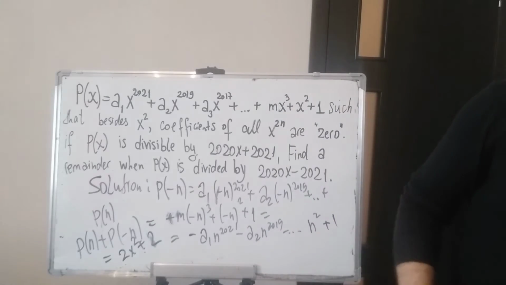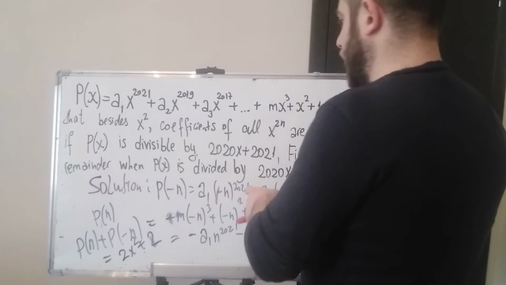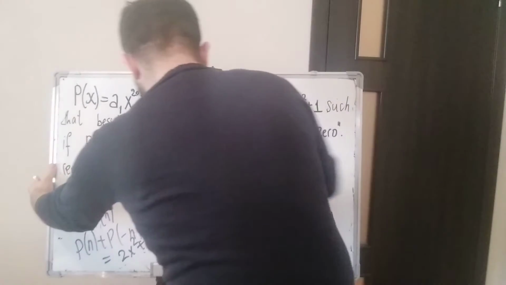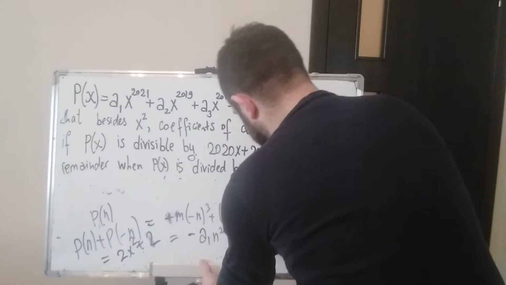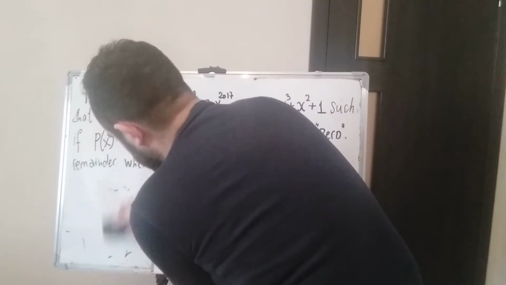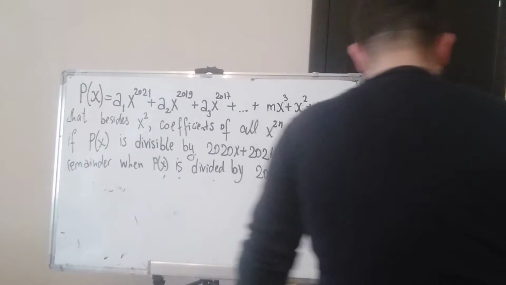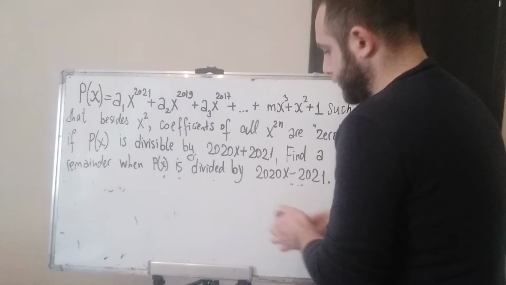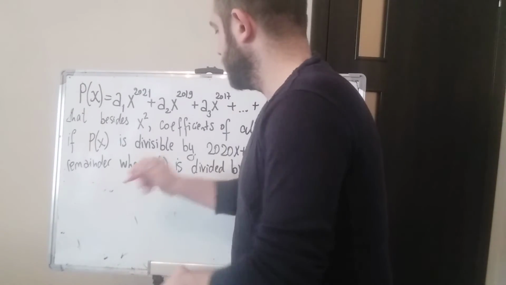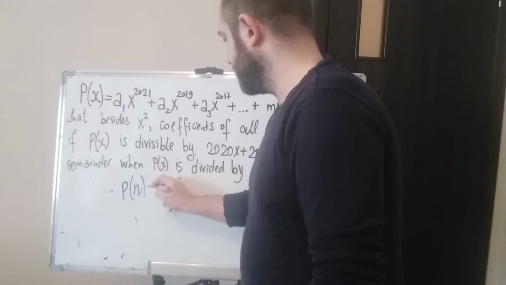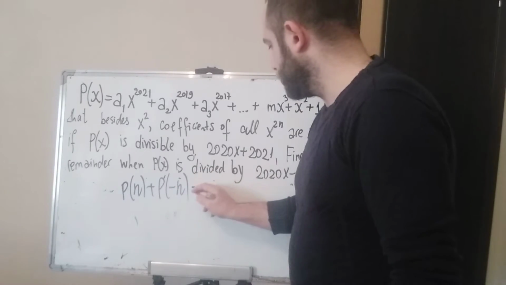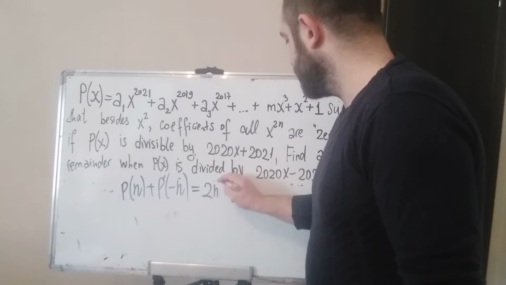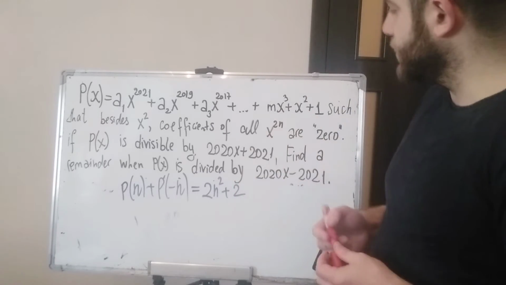If this is understandable up to this point, I'd like to erase this part to just check the given values. So we knew that P of n plus P of minus n gives us 2n squared plus 2. So what is n here?